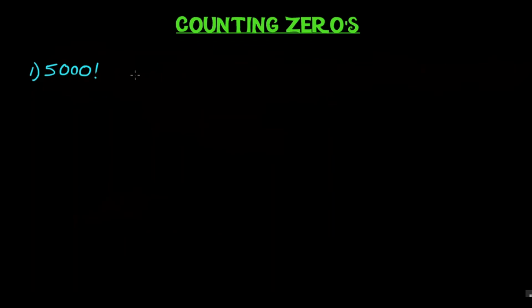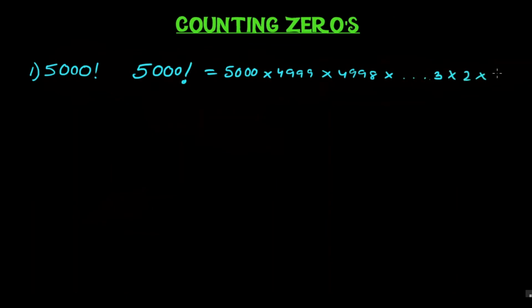Now suppose the number that is given is 5000 factorial, and we will have to find the trailing number of zeros in the end result. 5000 factorial is actually 5000 into 4999 into 4998 into dot dot dot 3 into 2 into 1.